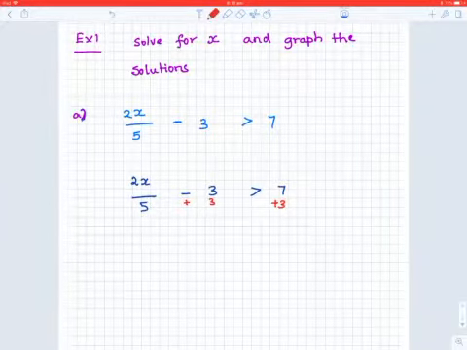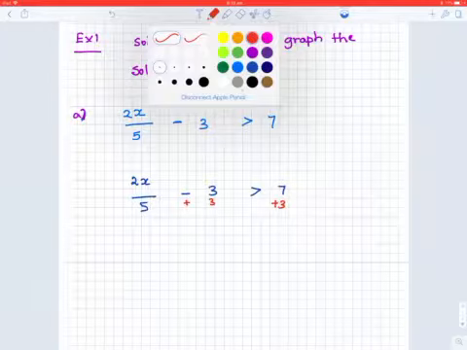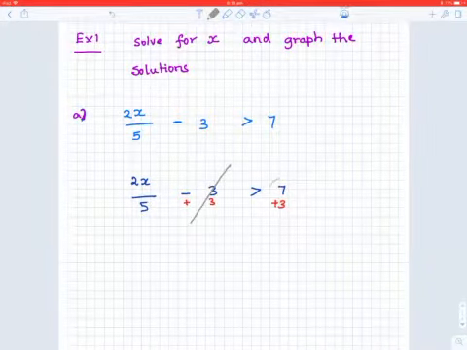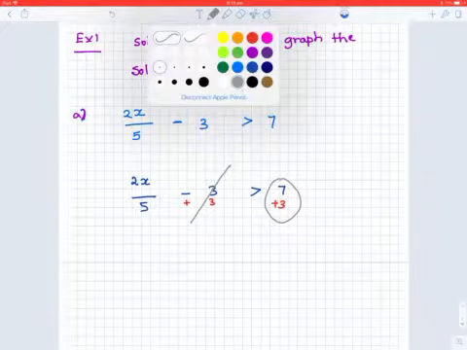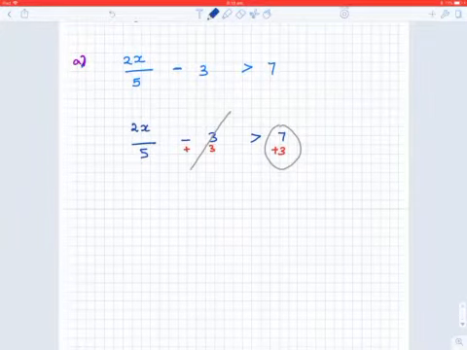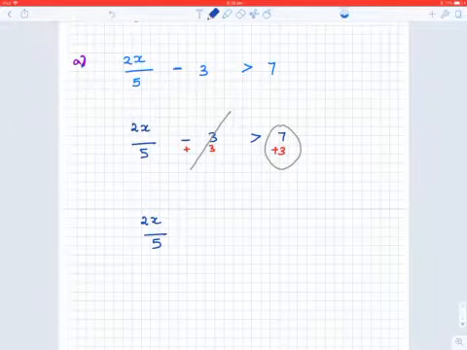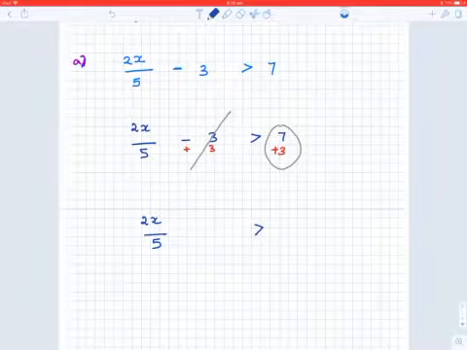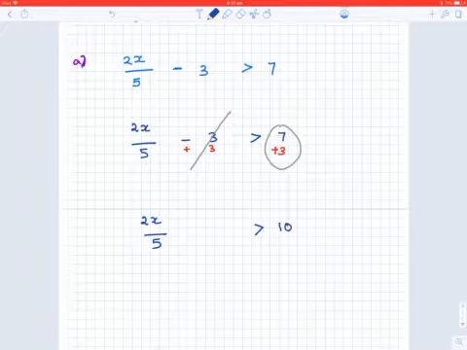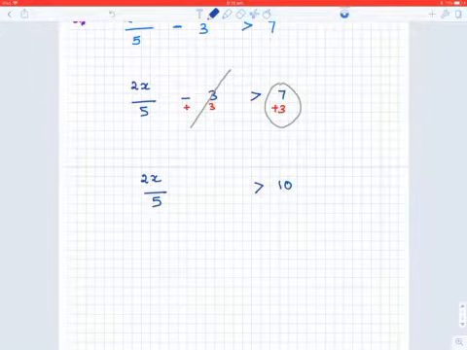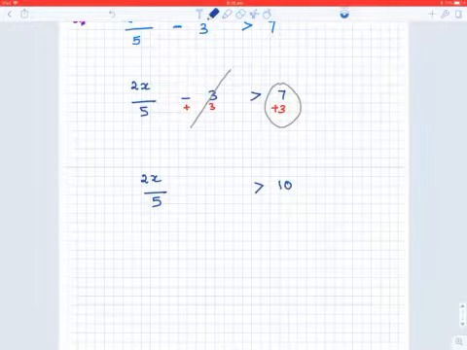As I told you, we add plus 3 on both sides. Now the question becomes 2x divided by 5, the slash means it disappears, but you have to keep the same inequality sign, greater than. Then combining 7 and 3, we get 10.